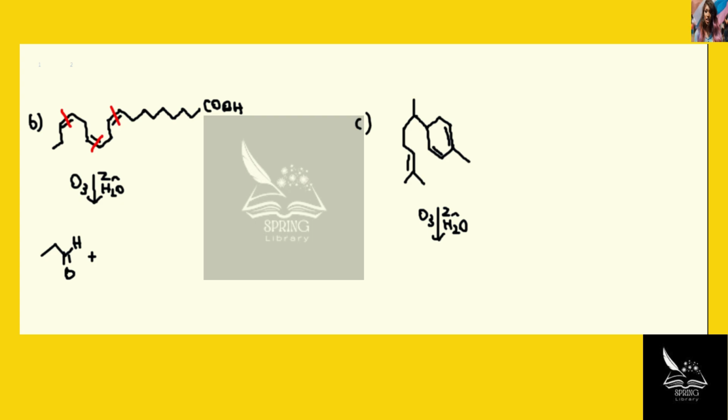The next 2 pieces are actually going to be identical. 1, 2, 3, 1, 2, 3. So again, these are going to be 3-carbon dialdehydes. So 1, 2, 3.